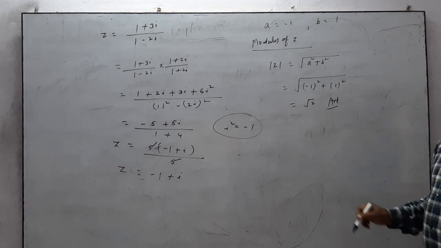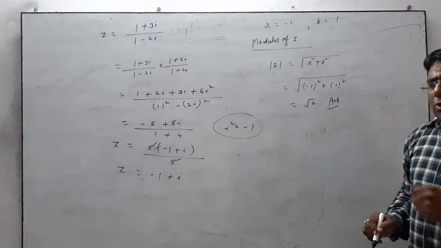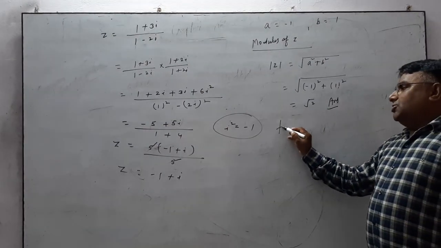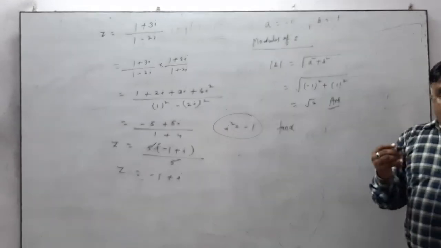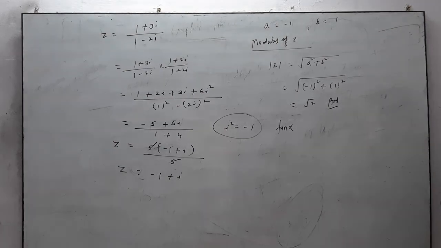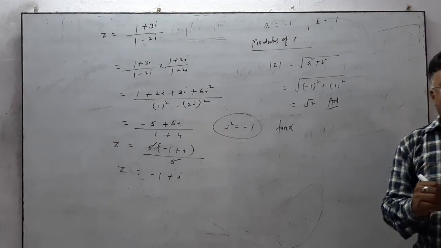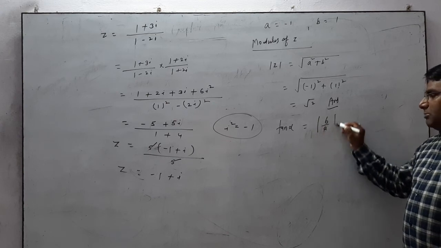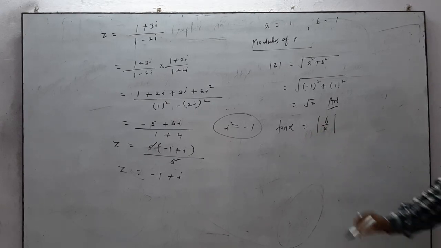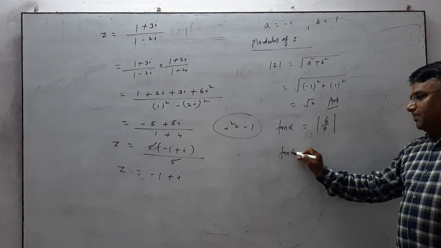Correct? Second thing, now find the amplitude. I discussed amplitude with you: first find tan alpha. Amplitude is also called the argument. To find the amplitude we made a formula: tan alpha equals mod of b upon a. First you have to find alpha.